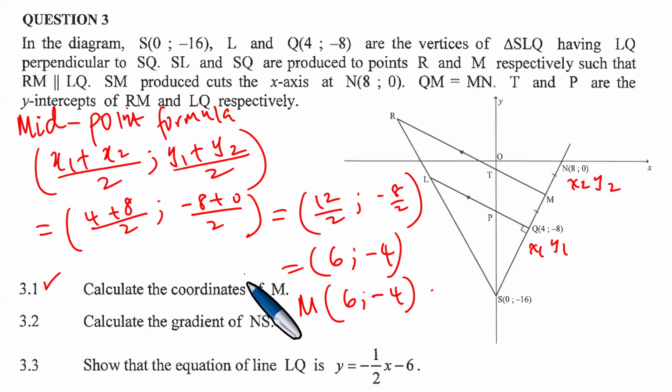So we found the coordinates of M, and we have been told that QM is equal to MN. That is very important.